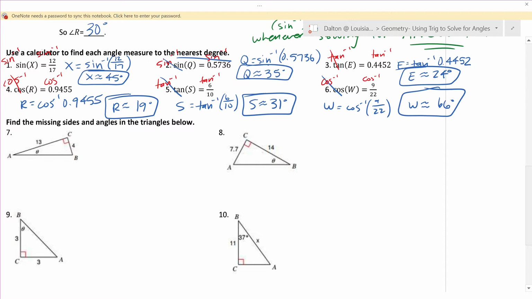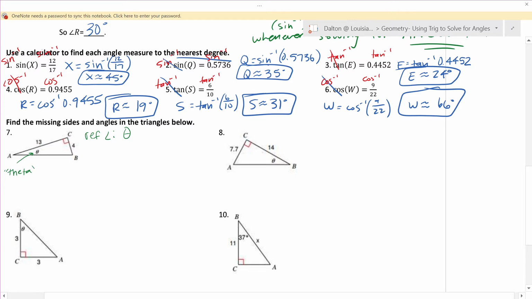I'm going to list my information in green every time. So I've got a reference angle. And this time, notice I don't have any other numbers other than 90 degrees. So my reference angle is going to be theta. Theta is this symbol here.